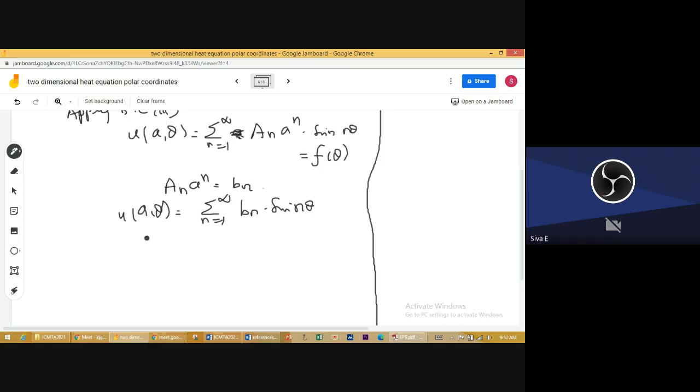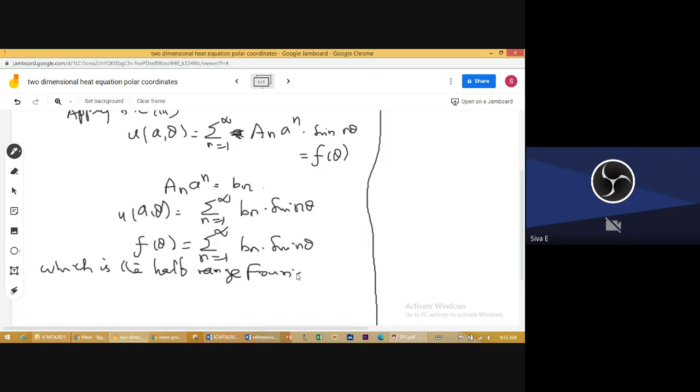So it is in the format of f of theta equal to summation of n equal to 1 to infinity bn sine n theta, which is the half range Fourier sine series.